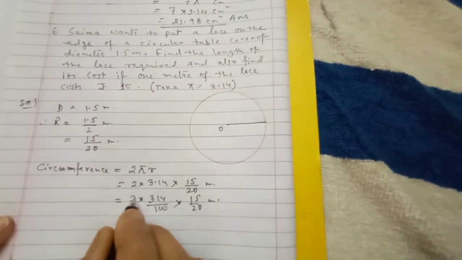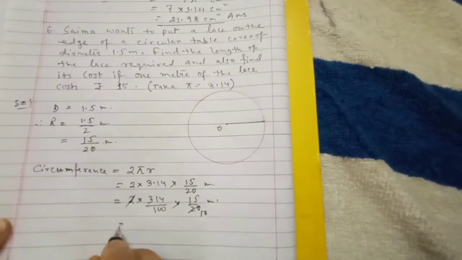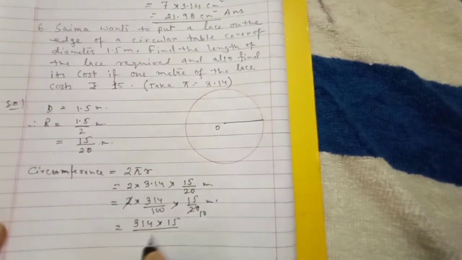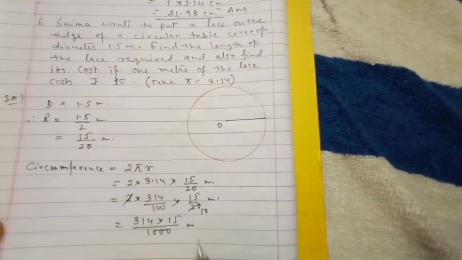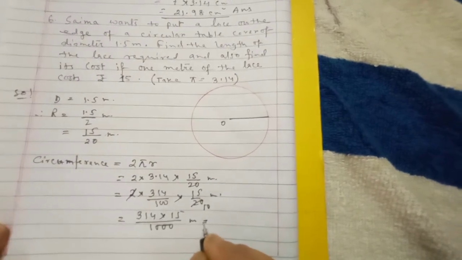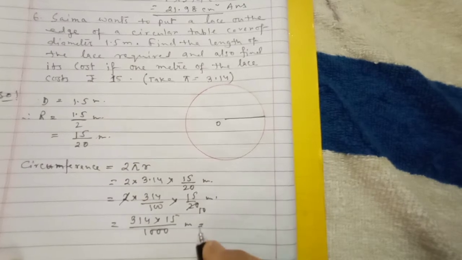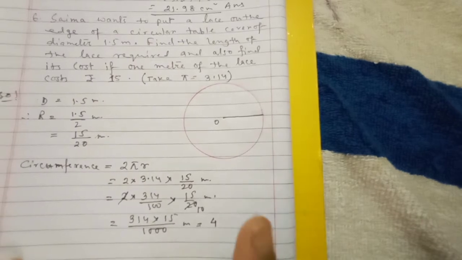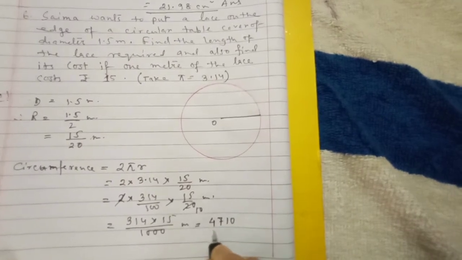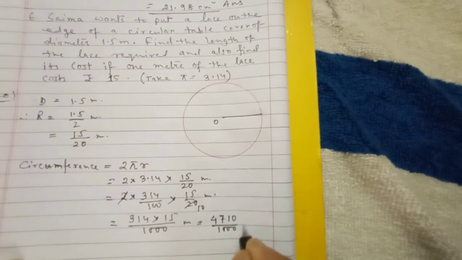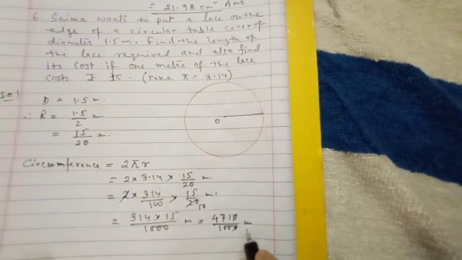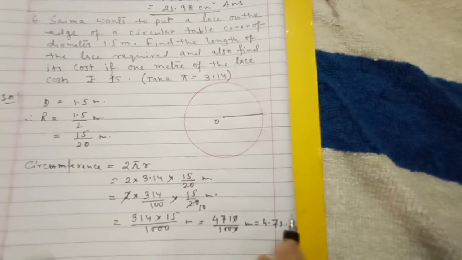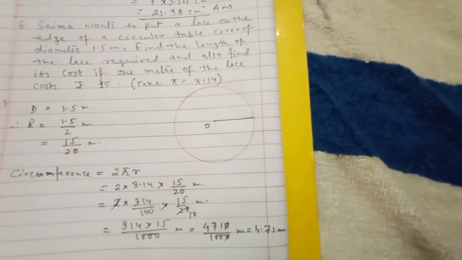Cancel it. You have to multiply 314 into 15 by 1000 meter. If you multiply this, you will get 4710. Do this multiplication in a rough work. 4710 by 1000 meter. 0 cancel. That means 4.71 meter is the circumference of the tablecloth.